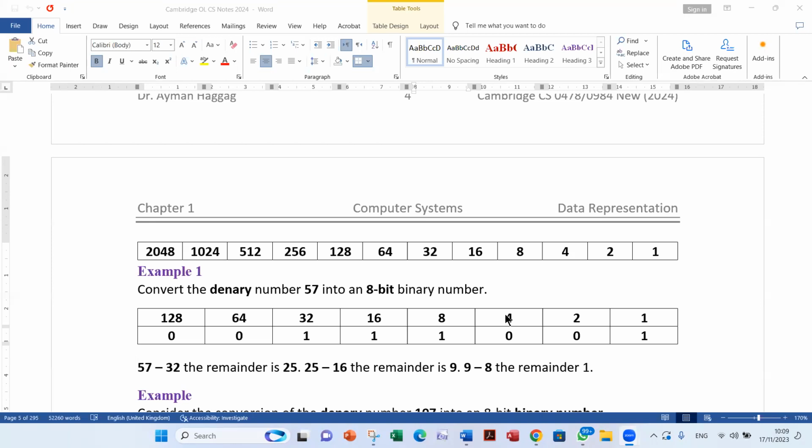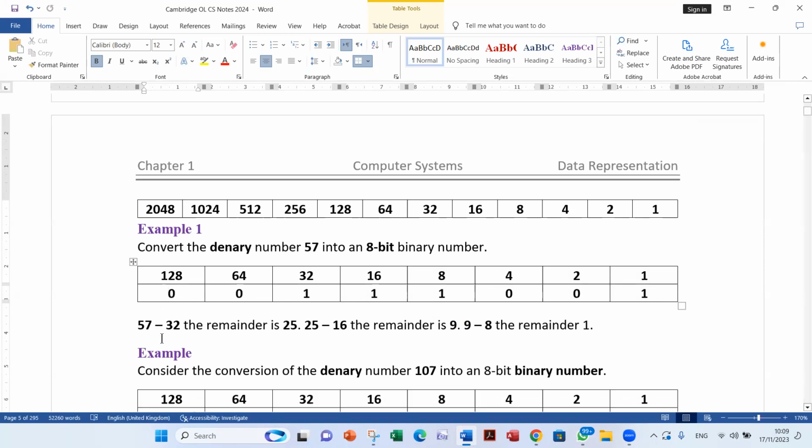Let us do another example, and then I will give you examples to do yourself. So 57 is represented like this, and if you do the reverse, adding 32 plus 16 plus 8 plus 1, it equals 57.